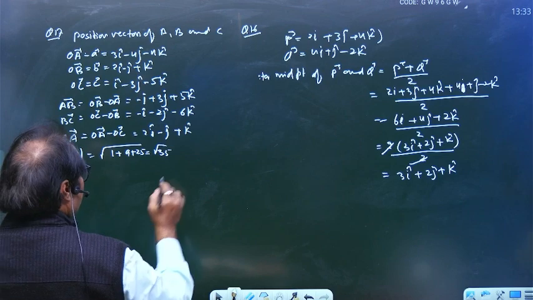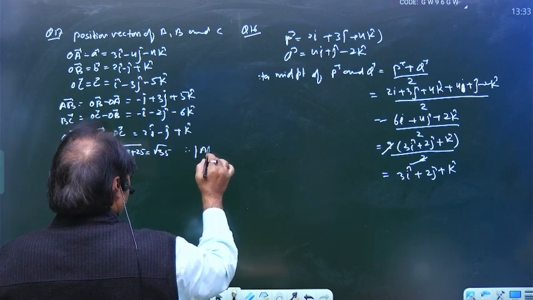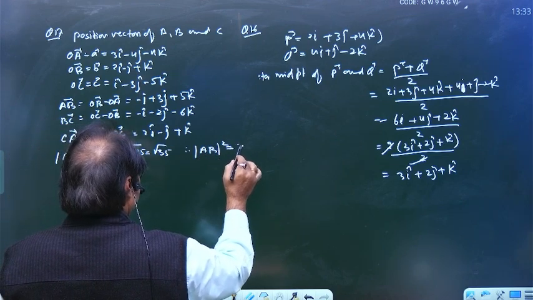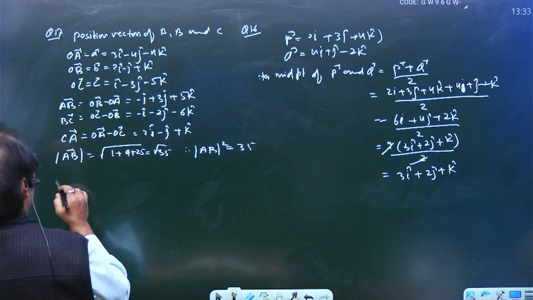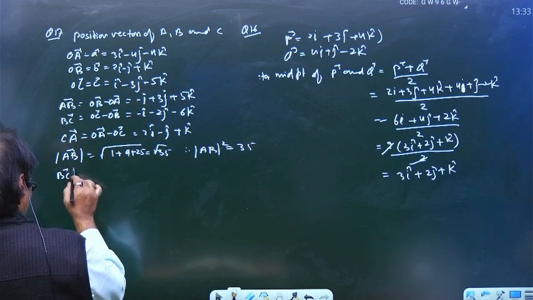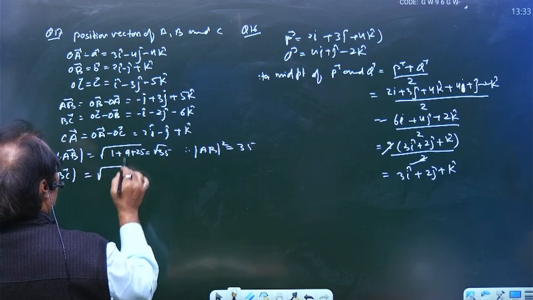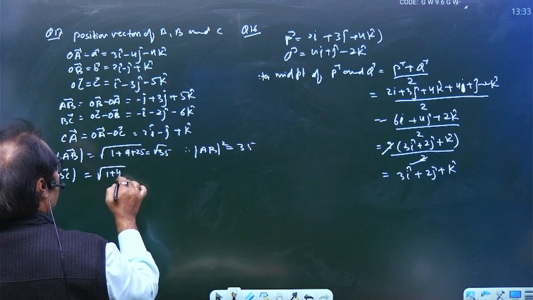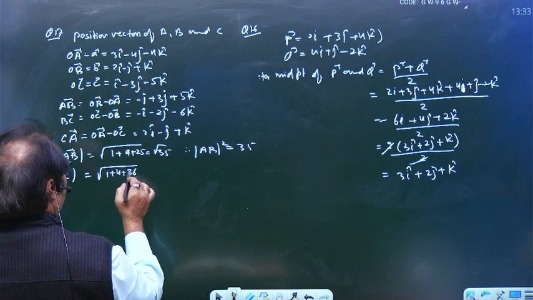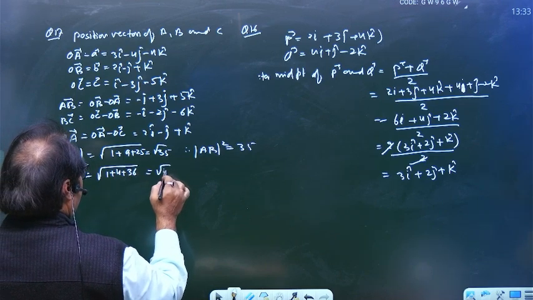Therefore, the magnitude of AB square is equal to 35. And now find the magnitude of BC, which is 1 plus 4 plus 36, that is 41.